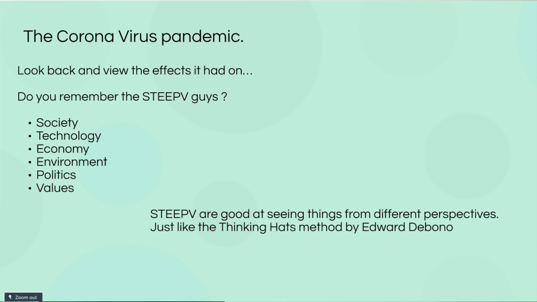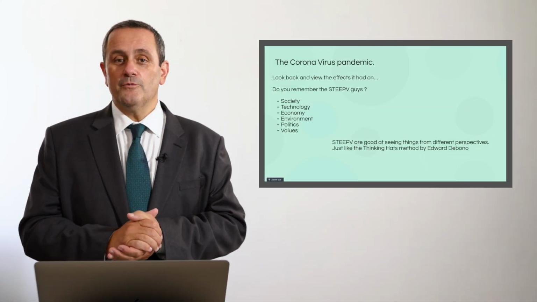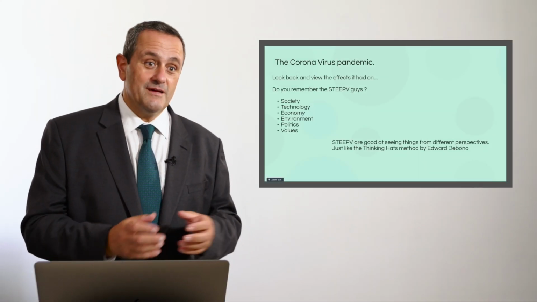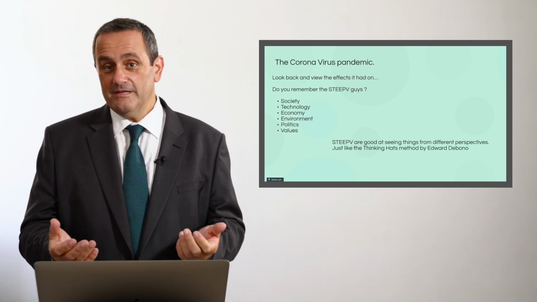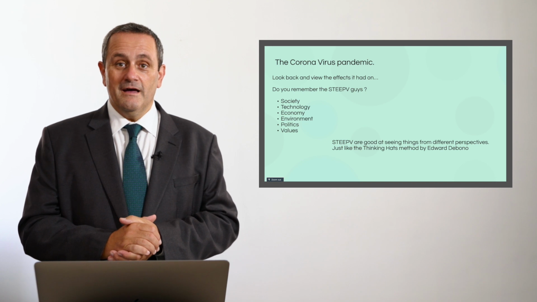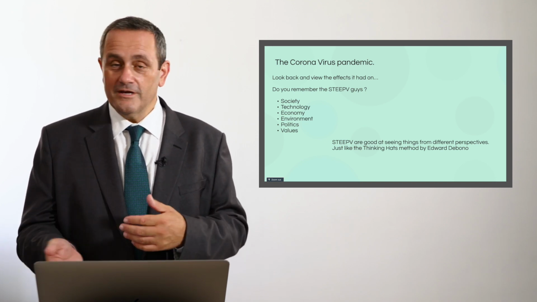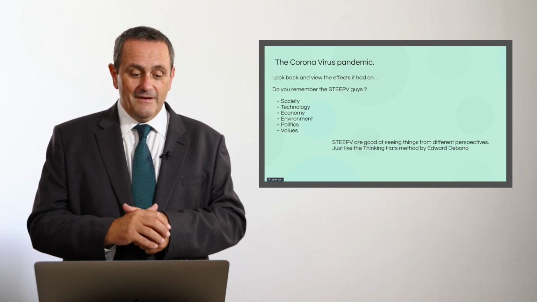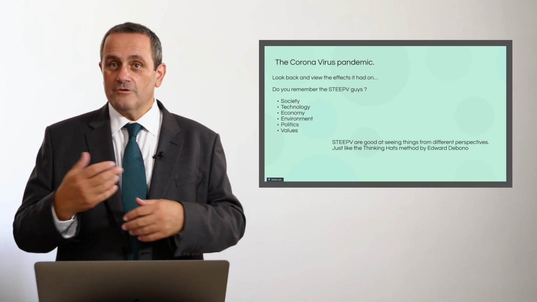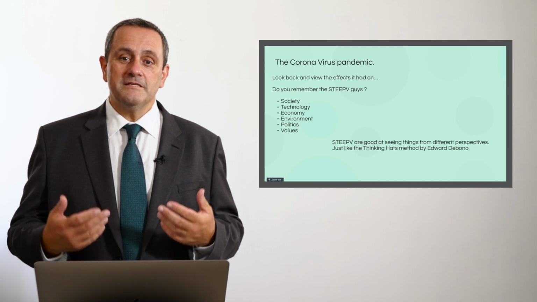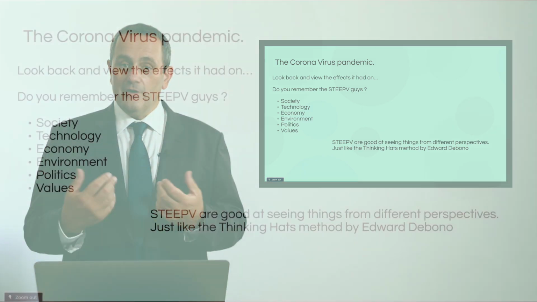For example, older people and vulnerable people were more stuck at home, so technology came to save the day, with online shopping, with more use of social media, with more skills needed for online booking, online ordering, online communication. How the values changed, how the community became more inspired by solidarity, how everyone helped.